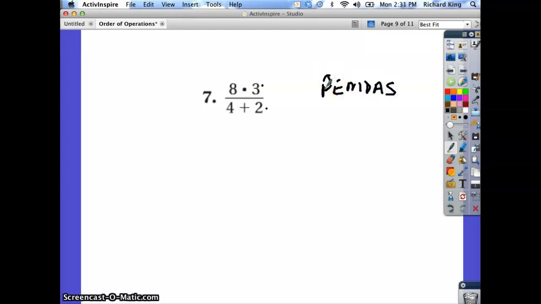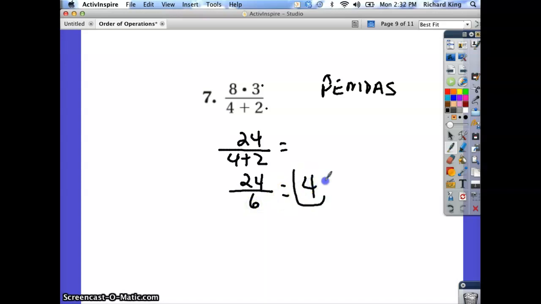You're going to do your multiplication on top before the addition on bottom. So 8 times 3 is 24, and that's over 4 plus 2. Now we're going to do the addition in the bottom. So it would be 24 divided by 4 plus 2 is 6. 24 divided by 6 is 4.